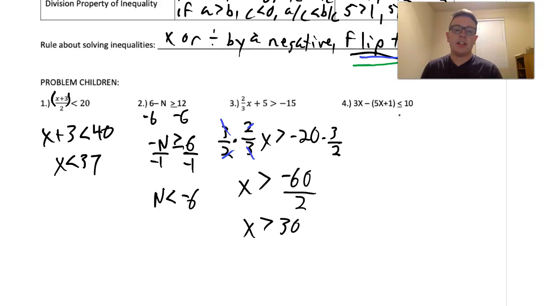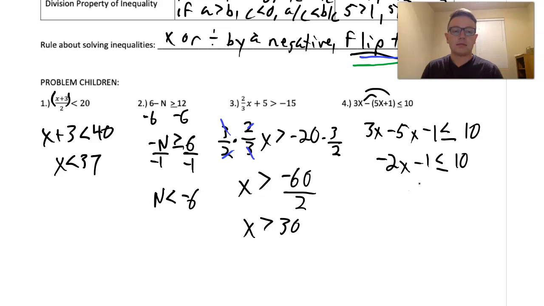And then for this one, let's make sure to distribute this negative into both sides. It's really the tricky part here. So we get 3x minus 5x minus 1 is less than or equal to 10. Let's combine these like terms, so we get -2x minus 1 is less than or equal to 10. Now we have a negative on this side, but we're not multiplying or dividing.